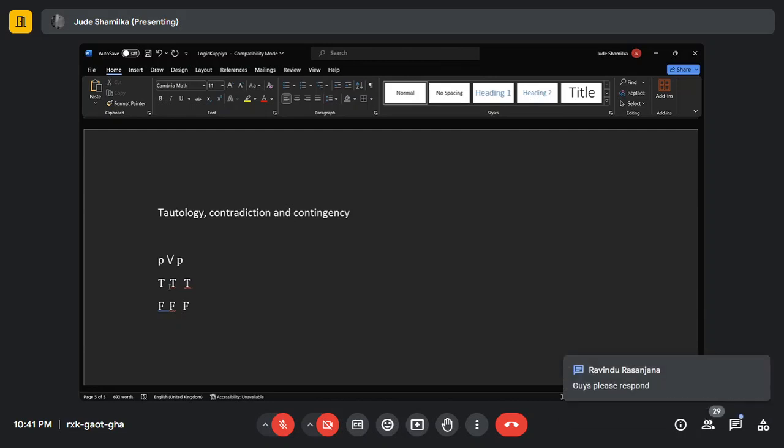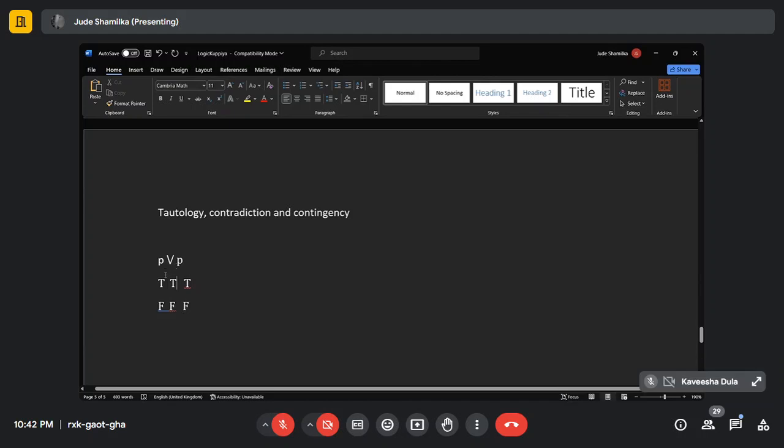Okay. So here what has happened, we know only when the two inputs are false, otherwise if at least one variable has the value true, it becomes true.